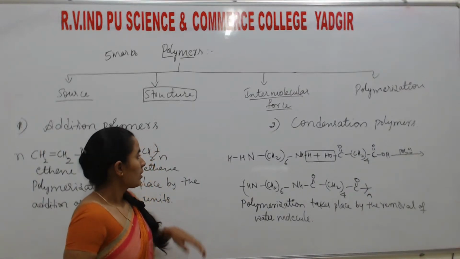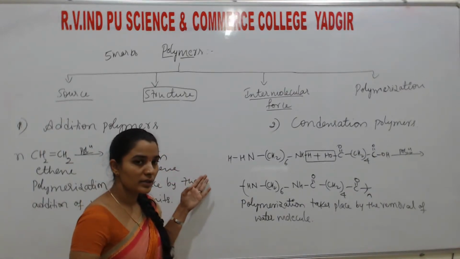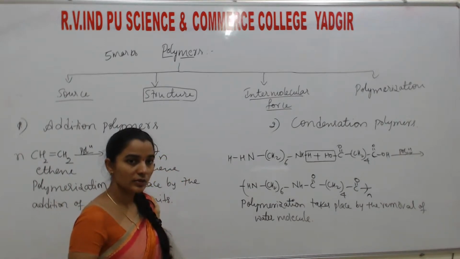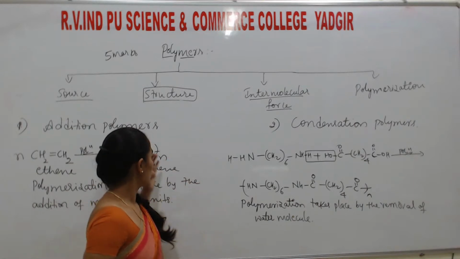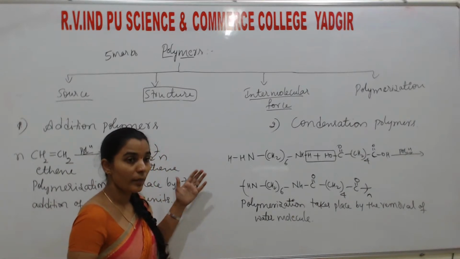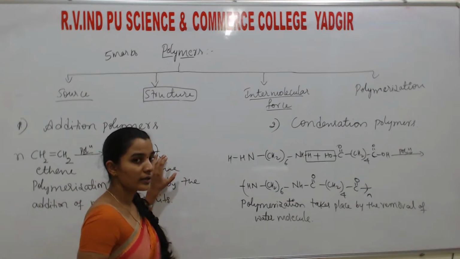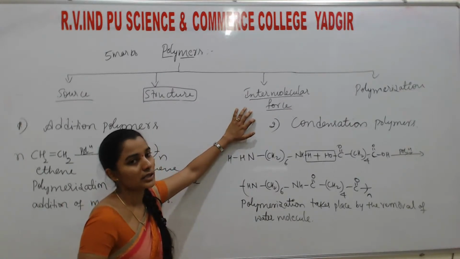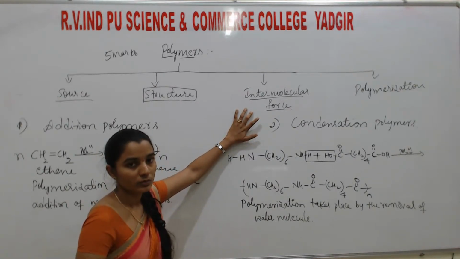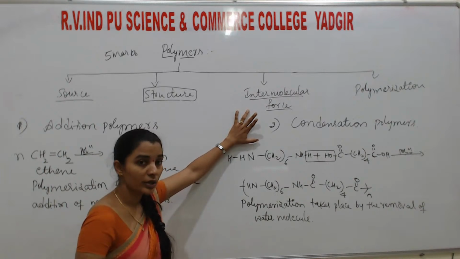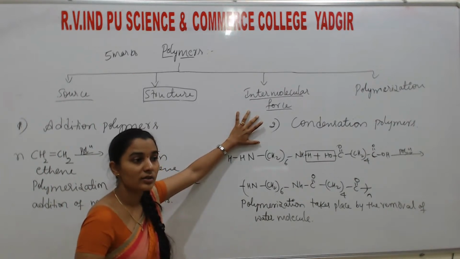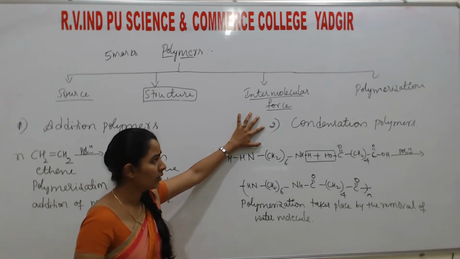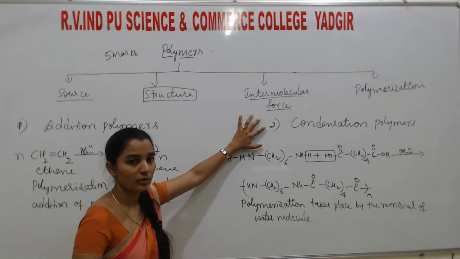Okay, students, examples of addition polymers are PVC, natural rubber, isoprene synthetic rubber, polythene, polystyrene, and polyacrylonitrile. Those are all examples of addition polymers. For condensation polymers, only two: nylon 6 and nylon 6,6. Another one is Dacron, but that is not that important.